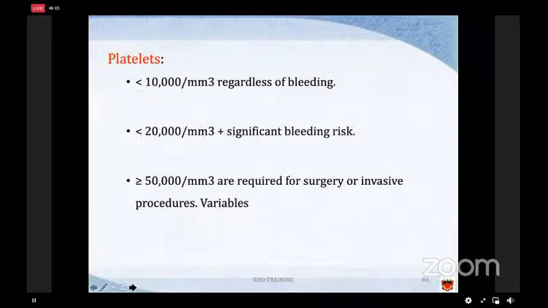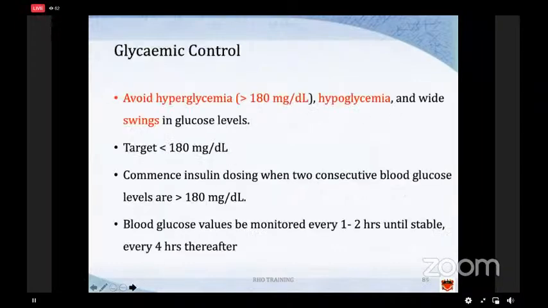Platelets, again the same. If the platelet count is less than 10,000, regardless of bleeding, you tend to give platelets. If it is more than 20,000, you transfuse platelets only if the patient has bleeding risk. But if you want to do a surgery or invasive procedure, you need to keep it more than 50,000.